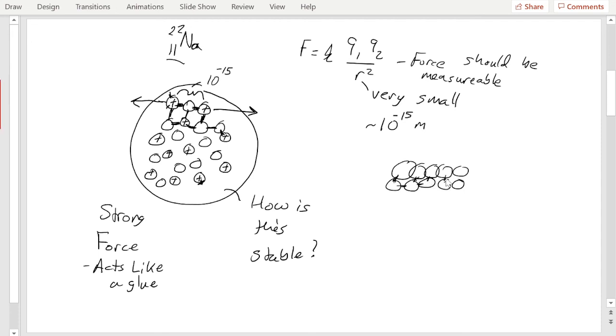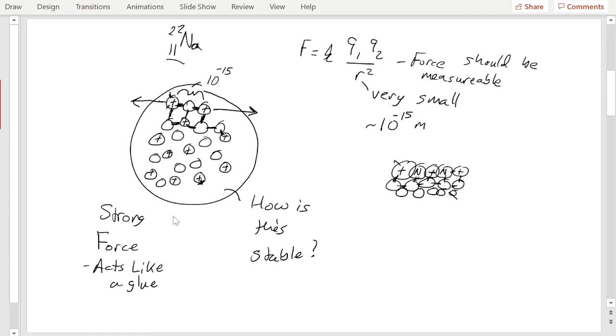For our practical purposes, they would be what we would consider touching, right? You would have a proton and maybe a neutron, a proton, a neutron, proton, and so on, until I had 22 particles, and they're all crammed in here very, very tightly, so that even across the nucleus, it is going to be a very small distance, and the strong force is still relatively stable, right?